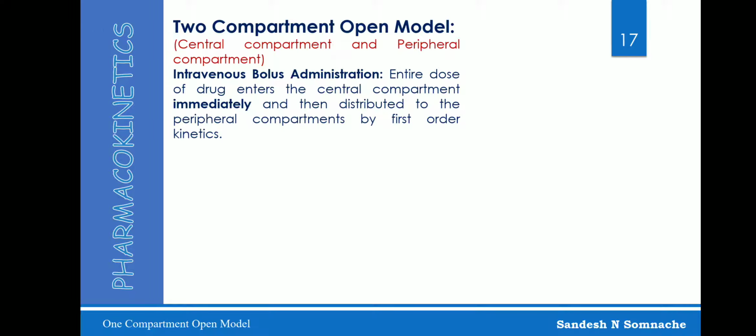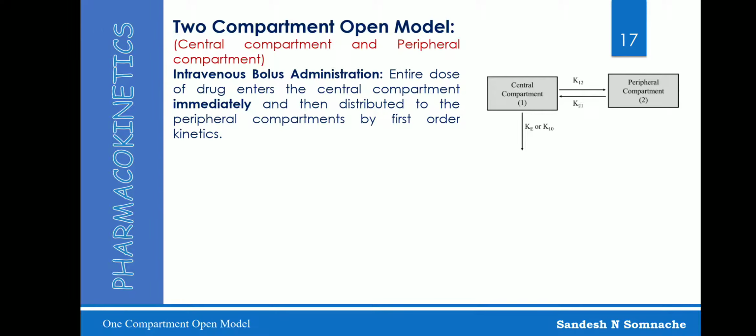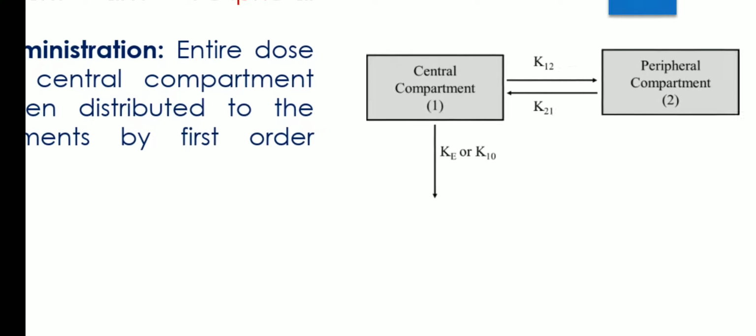In case of intravenous bolus administration, the entire dose enters the central compartment immediately because it is a bolus. So within a minute the drug enters the body and then it is distributed to the peripheral compartments by first order process.